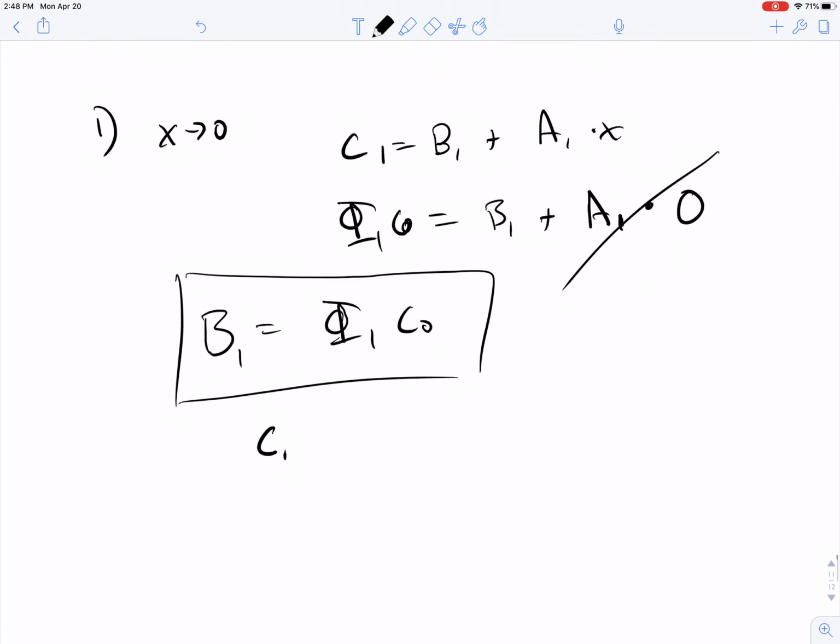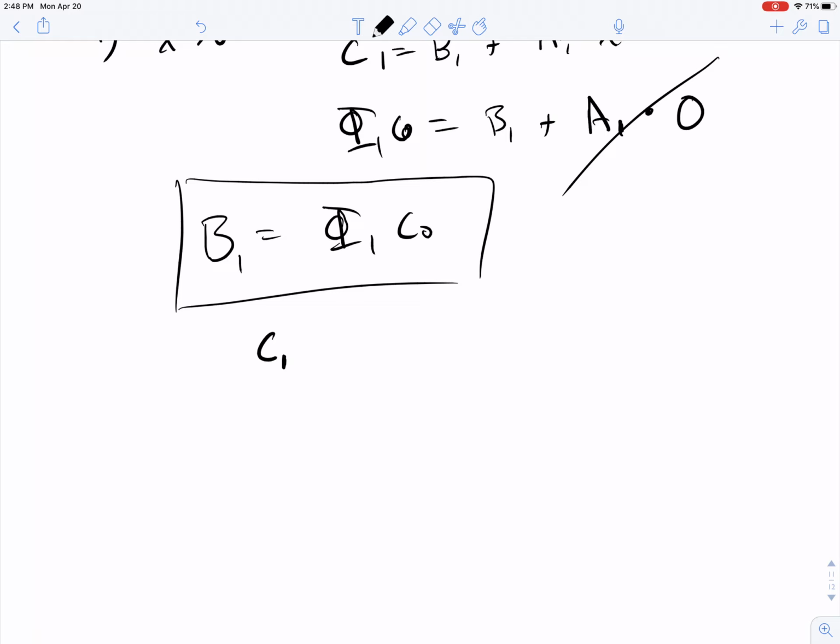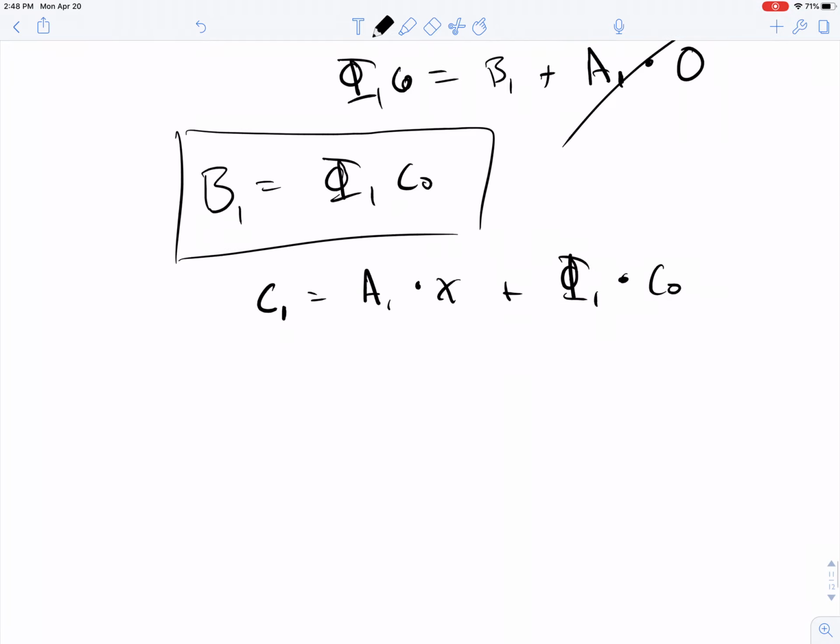So we can rewrite now our equation, at least we have one thing solved for: a1 times x plus phi1 times C0. What do we do next?